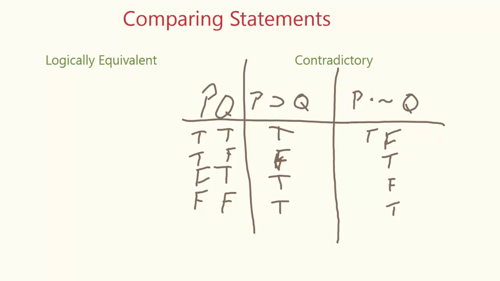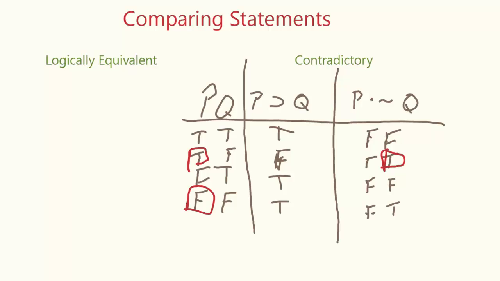Well, we know that our right conjunct's false in this case, and we know it's false in our third case. It's going to be true in the second case since P is true and our negated Q is true. And it's going to be false in the fourth case because our left conjunct is going to be false.